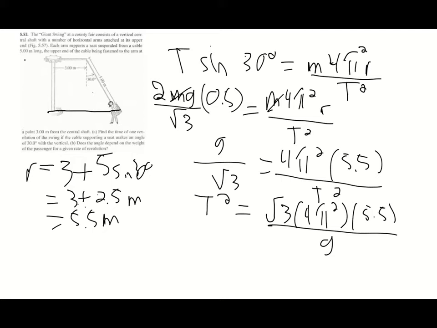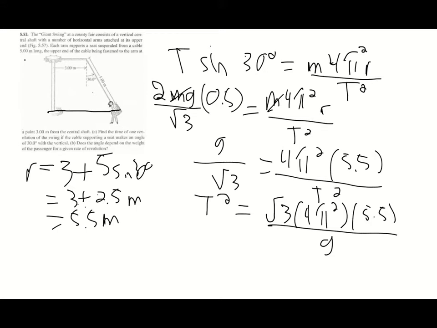Okay. So I'm taking out my calculator right now. Let's try it out. Okay, so root 3 to the 0.5. I just like that way better. I remember it quicker. Okay, that's 4 times pi squared times 5.5 divided by 9.8.